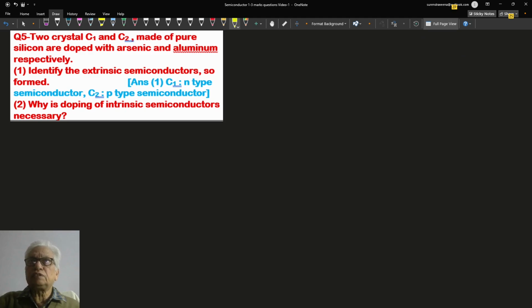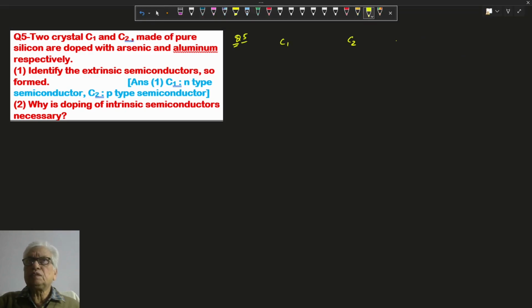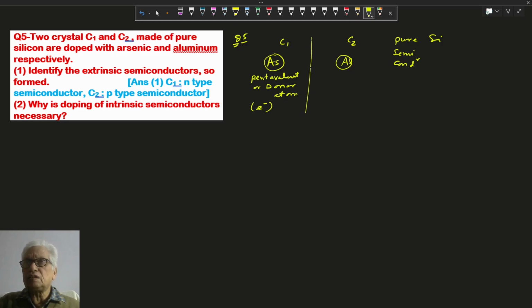In this question, C1 and C2, they are pure silicon, pure semiconductor. When it is doped with arsenic, a pentavalent impurity atom, or sometimes it is called donor atom, it donates electrons to the crystal, whereas aluminum is acceptor, trivalent impurity atoms.